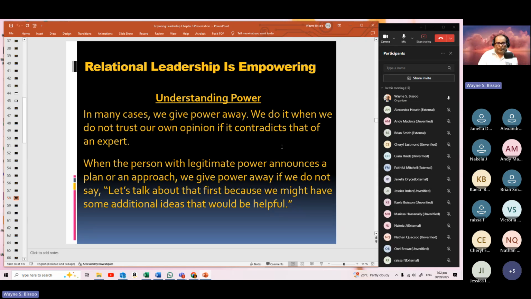All right. When somebody with positional power or legitimate power announces a plan, let's say your manager comes in and says, okay, this is what we're going to do, and we don't say anything, we just let them go ahead and run with it. Once we don't say anything, we give away our power again. It's sort of like what I do here in class. I would ask questions, and if nobody says anything, you've given away your power of engaging in a discussion and making a different decision.